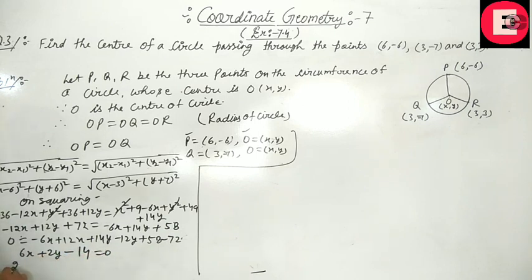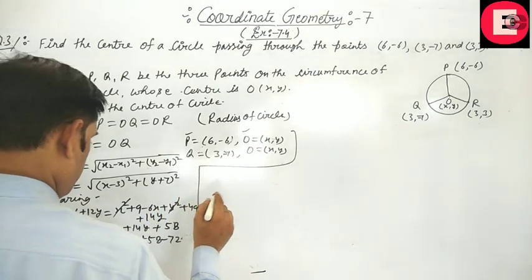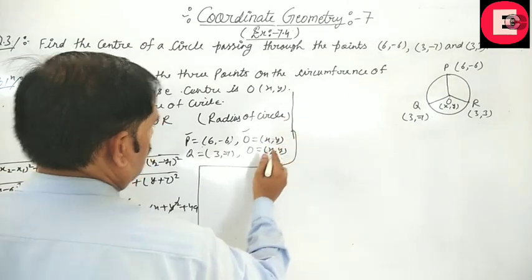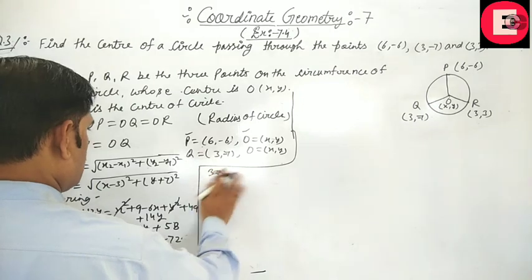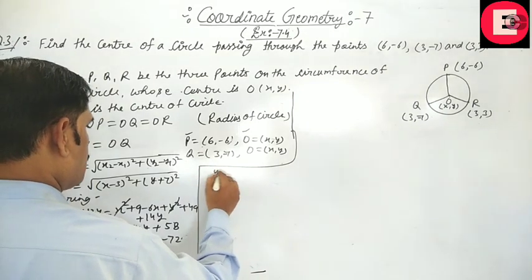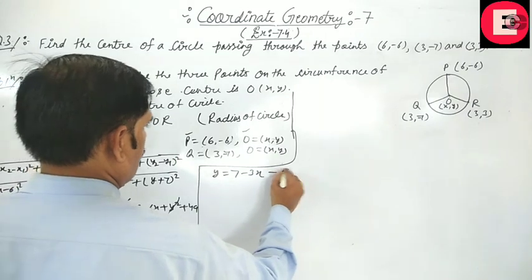So 2 is the common number, and 3x plus y minus 7 is equal to 0. Then 3x plus y is equal to 7. So the first equation is y is equal to 7 minus 3x.